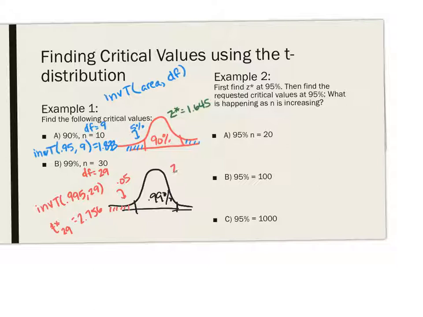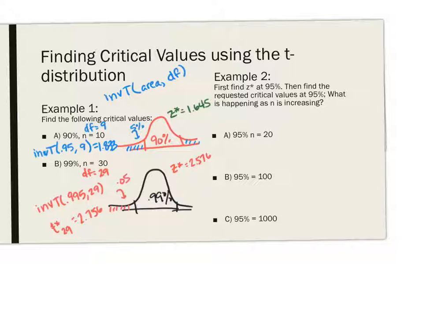If we were to do Z star for this curve at 99%, we would get a Z star of 2.576. So notice again, your Z star is considerably smaller than your T star. And again, that's because T star is allowing for more error.